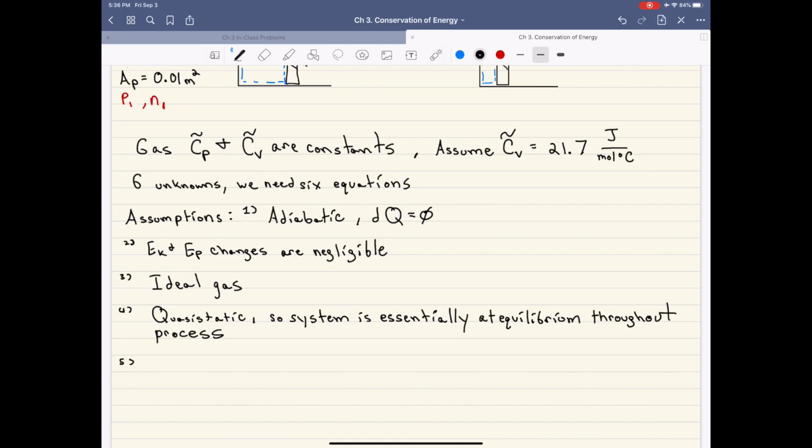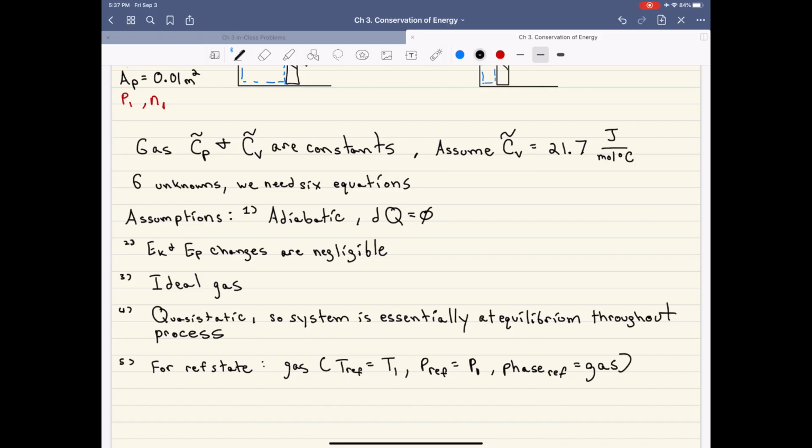As far as the reference state is concerned, for the gas, we can just use those initial conditions. So Tref is equal to T1, and Pref is going to be equal to P1. Even though we don't know the exact value, we could still say that we're going to use that pressure as a reference condition. In the reference phase, it's going to be a gas.